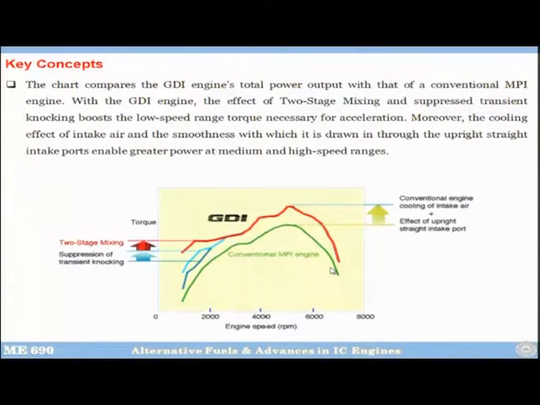An MPFI engine is definitely more powerful than a diesel engine. Okay. Now you see what happens is that when you suppress the knocking, low speed torque actually increases from here to here, and then when you do two-stage mixing, you actually get here.